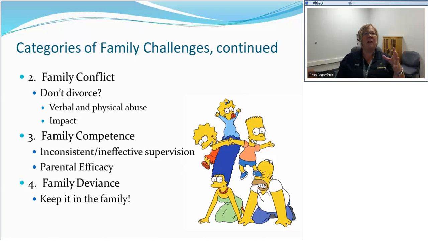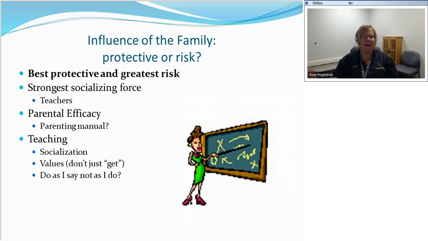I knew I'd been working in the system a really long time because I started to see the kids of the folks who used to be on my caseload in probation. So it's definitely a cycle. It's a cycle that needs to be broken, but we generally see it continuing in the criminal justice system.